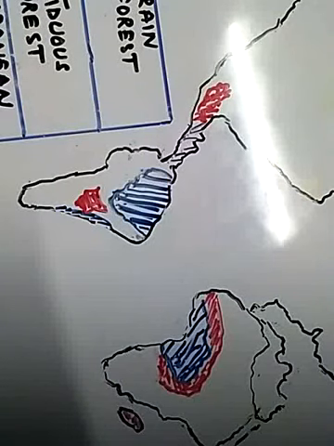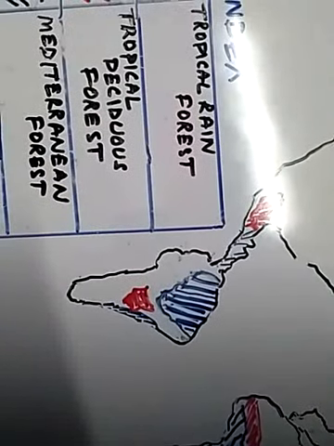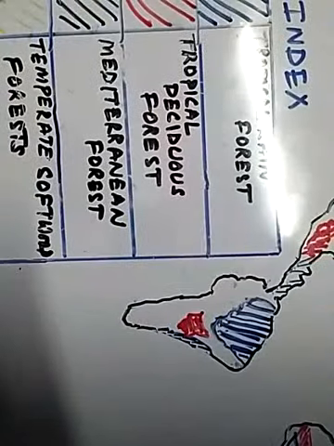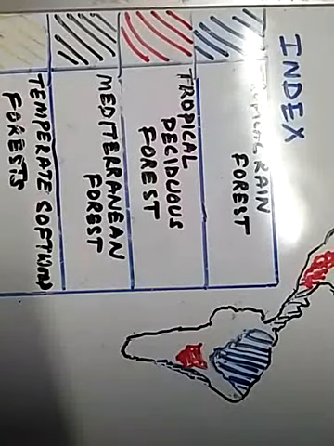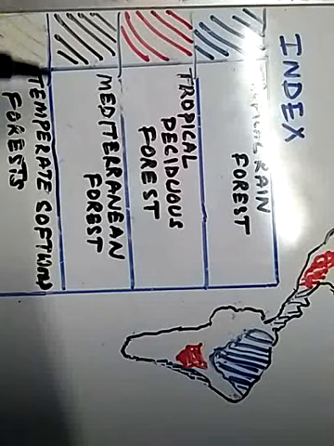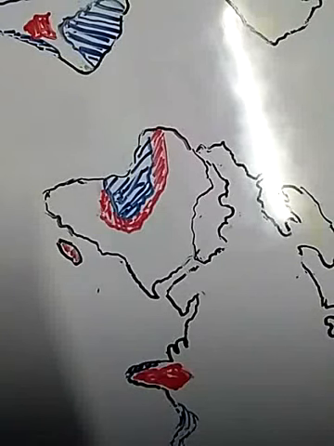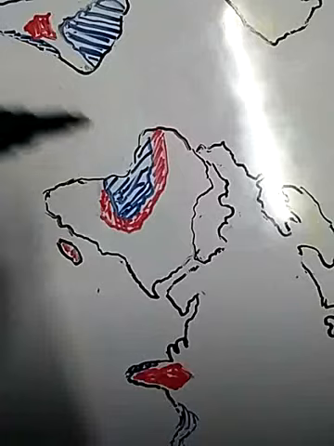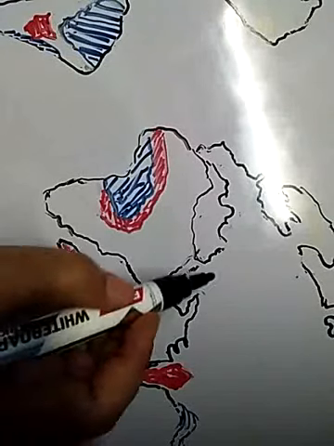The next one is the Mediterranean forest. We'll show Mediterranean forest in black color. So these type of forests are located around the region around the Mediterranean Sea.